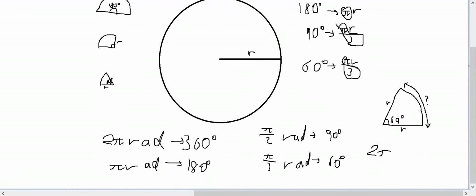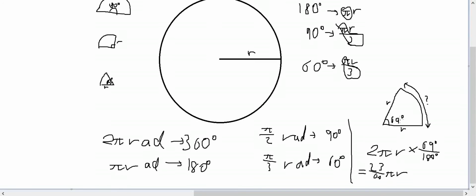So this length is 2 pi r times 69 over 180, which is 23 over 60 pi r. Okay.